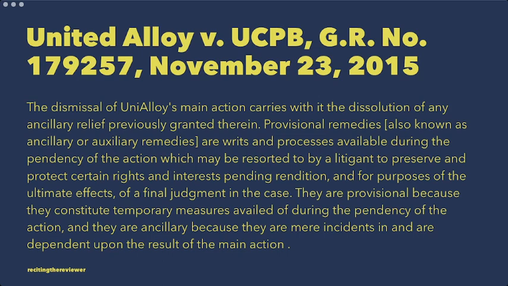Provisional remedies, also known as ancillary or auxiliary remedies, are writs and processes available during the pendency of the action, which may be resorted to by a litigant to preserve and protect certain rights and interests pending rendition and for purposes of the ultimate effect of a final judgment in the case. They are provisional because they constitute temporary measures availed of during the pendency of the action, and they are ancillary because they are mere incidents in and are dependent upon the main action.